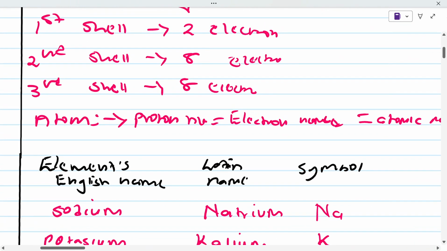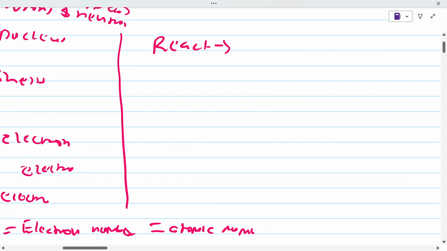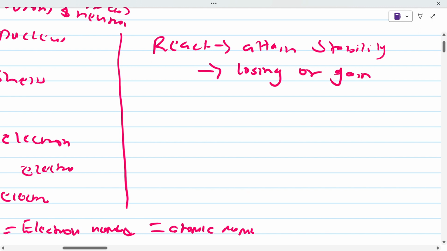Another concept that I want to explain is, why do elements react? Elements react to attain stability. They do so by either losing or gaining electrons.